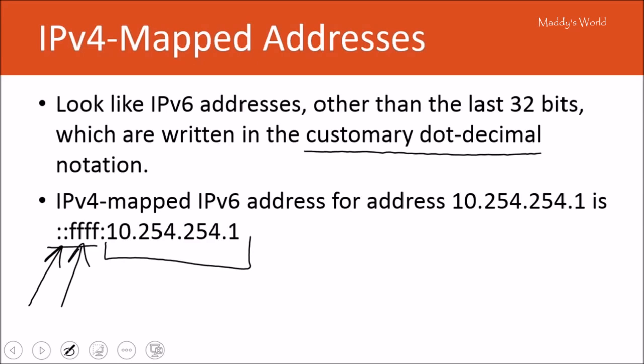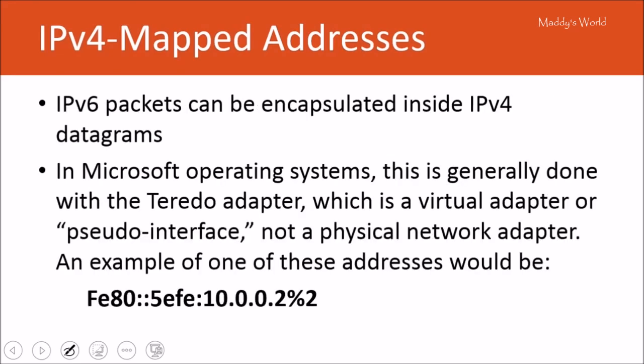Okay. So it's amazing what computers can do and how much goes on behind the scenes that we're not even aware of. And so what happens here, just to continue on with our discussion of IPv4 mapped addresses, is that IPv6 packets are encapsulated inside of the IPv4 datagrams. And then with Microsoft, it's done with something called a Teredo adapter, which is just a virtual adapter or sort of a logical interface, a pseudo interface here on the screen is what it says.